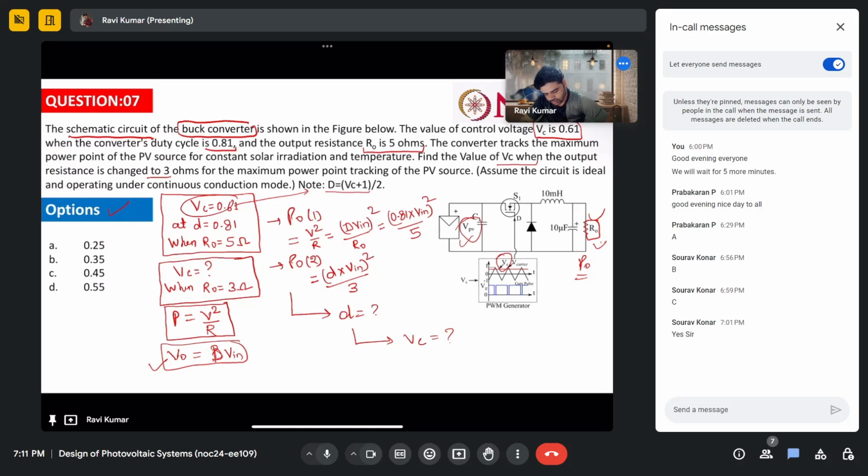Now you need to do one thing. So 0.81 into V input square, entire divided by 5, equals D into V input square divided by 3. Solve this, you will get D here. What is the value of D?